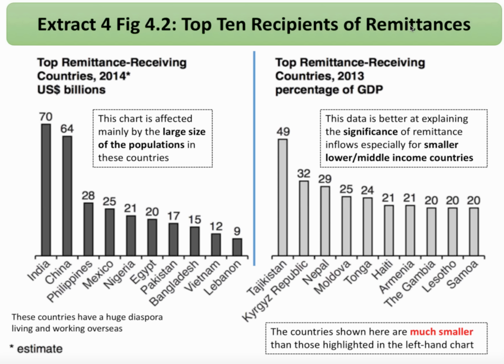The right-hand side of figure 4.2, I think, is the more significant of the two charts you've been given, because what this chart shows is the significance of remittances for particular countries in 2013, so not too much difference in terms of the dates, as a share of GDP.